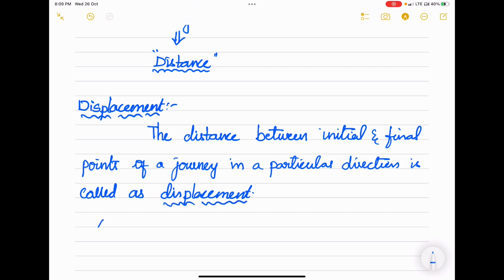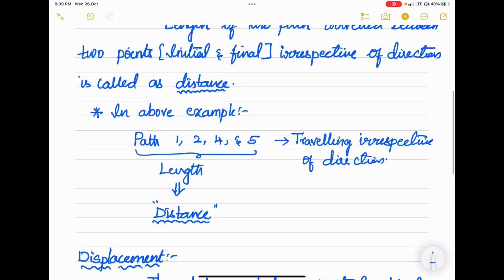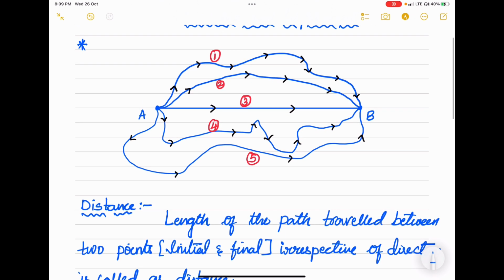So therefore in the above example, directly you can say length of path 3 is our displacement. Directly we can understand here as the person is moving in a fixed direction from A to B in the path 3.